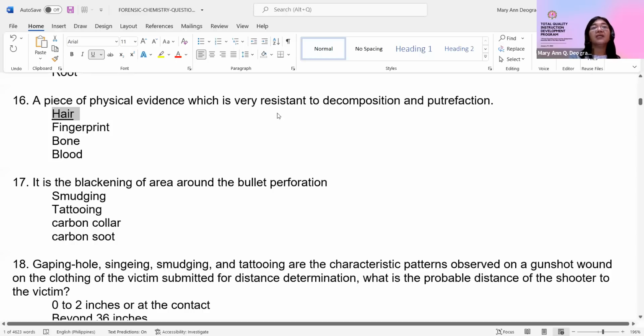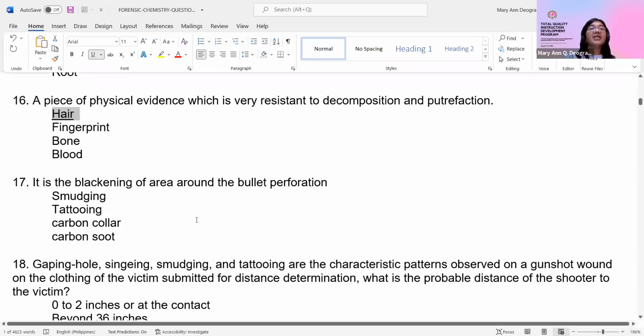Kung prone yan, resistant yan eh. Ibig sabihin, it resists from decomposition. So, resistant. Ibig sabihin, hindi nabubulok. Pero kung prone yung word dyan, so, precisely, ang sagot nyo is blood. Okay? So, intindihin nyo yung mga tanong, mga anak.